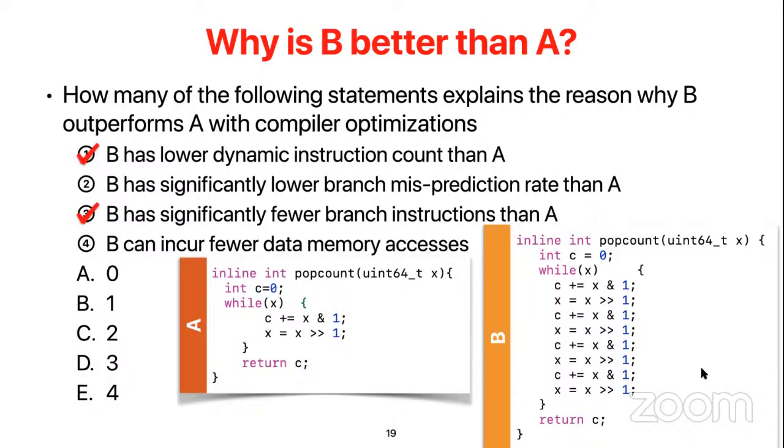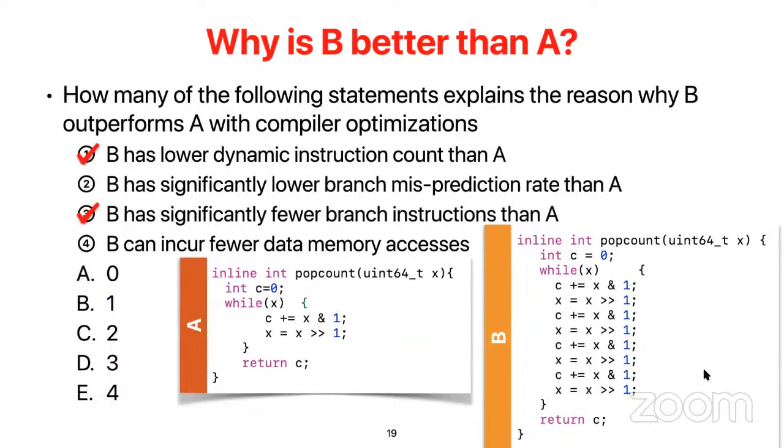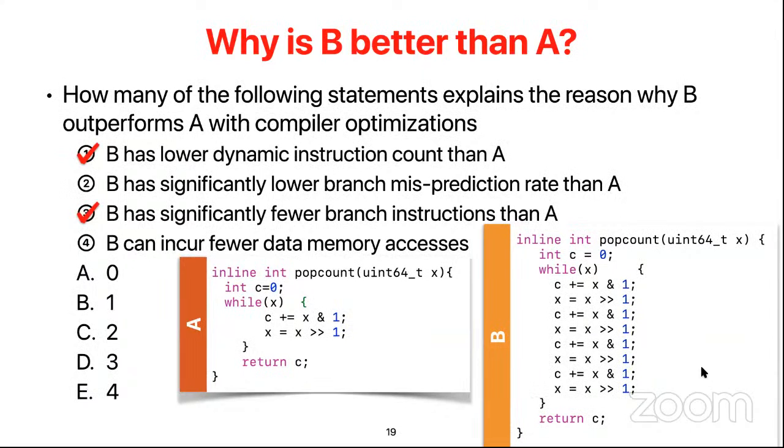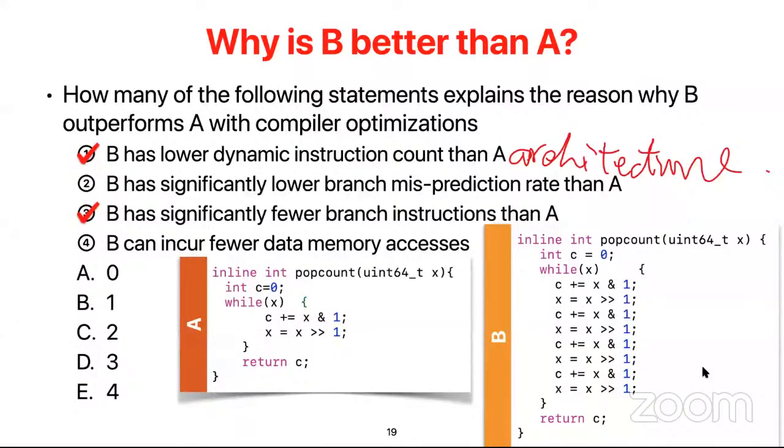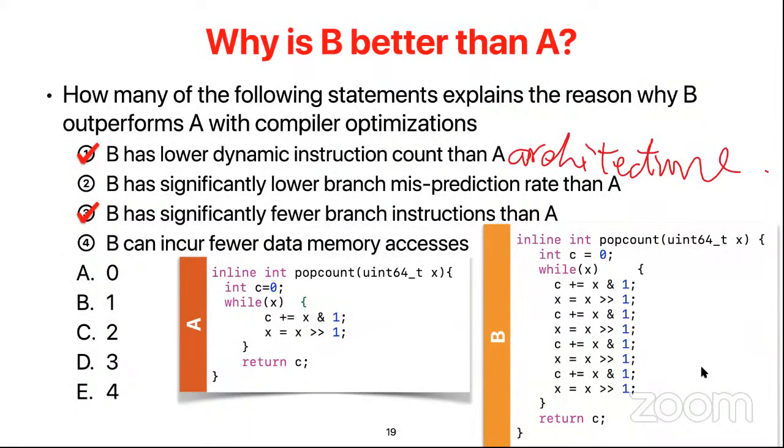So it's easier to capture that pattern in this way. That's why for B, it's also true in the processor we tested, but I won't list it as a standard answer here, because this is very architecture dependent. In general, without information about what kind of predictor we are using, it's hard to tell if the second one is going to be true or false.